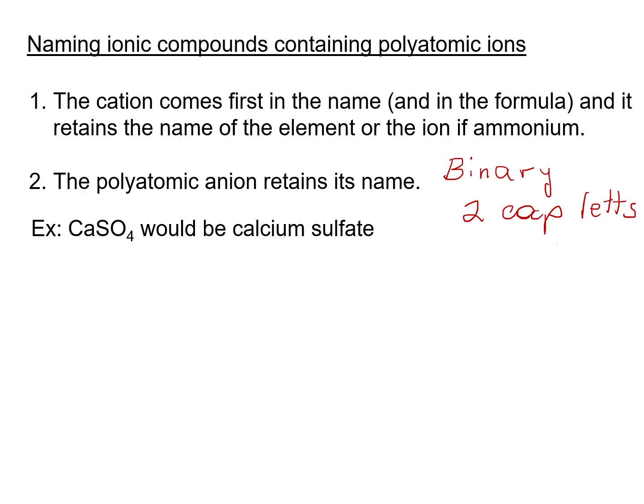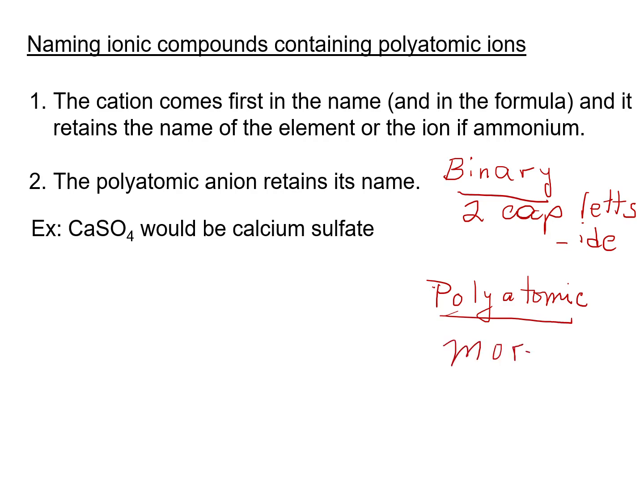So that's the one where you change the ending of the second element to "ide." If you have a polyatomic containing one, it is going to have more than 2 capital letters.